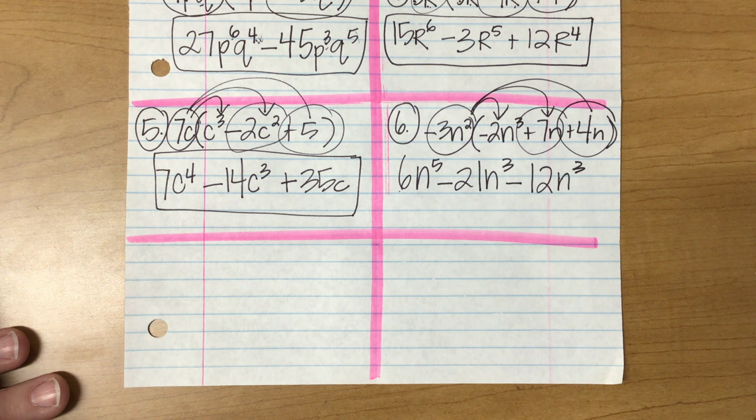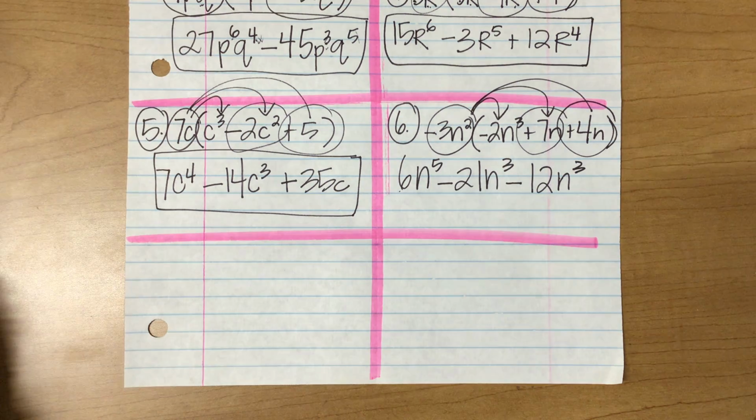All right, so you should have written down for number 6, hopefully, 6n to the 5th minus 21n to the 3rd minus 12n to the 3rd. Yes? The last two terms are like terms. Good news is the AirPlay code's different this time.